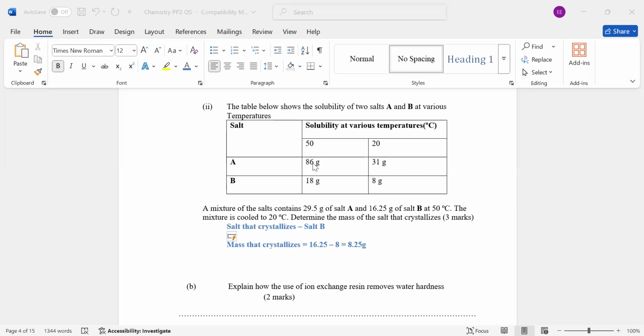At 50, we must have 86 grams of salt A. At 50, and I'm using this word must, we must have 18 grams of salt B. At 20, we must have 31 grams of salt A. At 20, we must have at least 8 grams of salt B. So these are the minimum requirements, the minimum mass that is required. So anything below this, even if it is 85, this salt will not crystallize at 50. Even if 17 is given, it will not crystallize at 50.